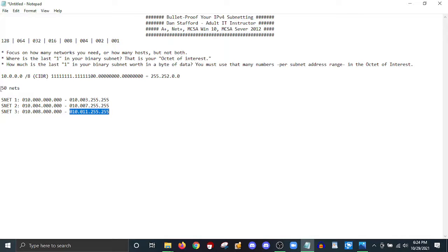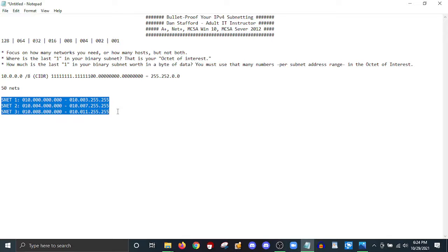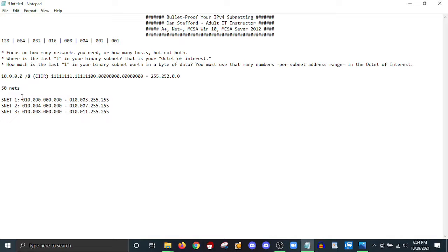All right. Now, let's take the same example and apply it to a class B subnet. What I'll do is get rid of this, and we'll subnet out 3 or 4. Let's go through 4 of them.